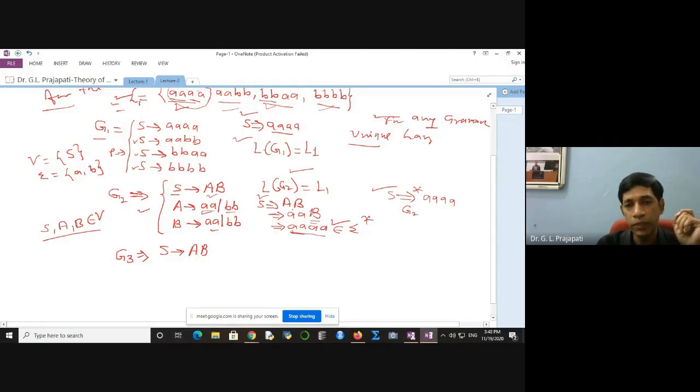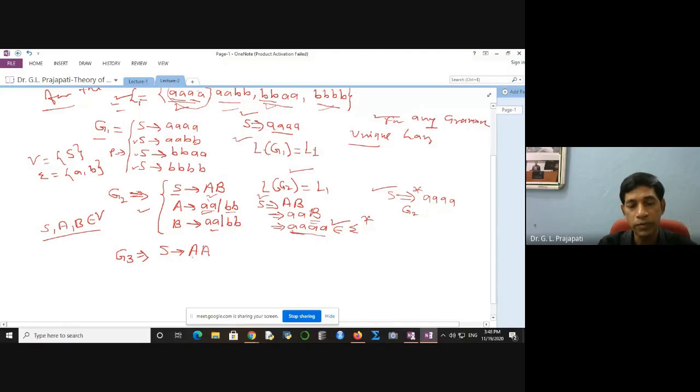Now here we have used two non-terminals, A and B, and A can generate either AA or BB. B can also generate either AA or BB. So we don't actually require different symbols, and simply you can say double A here.